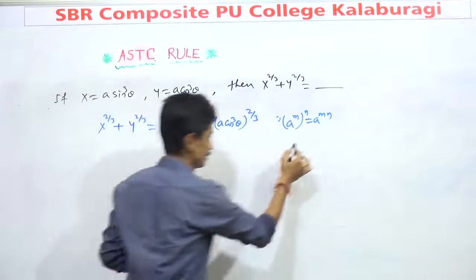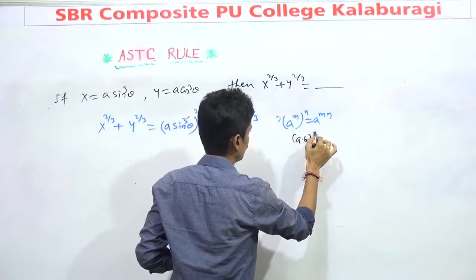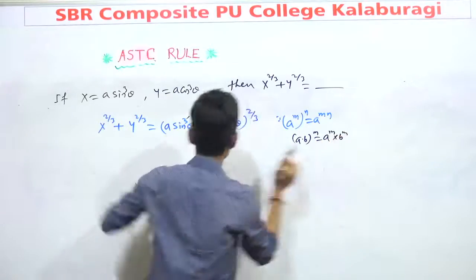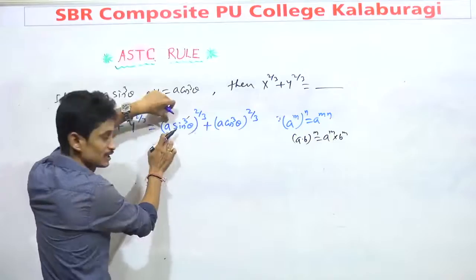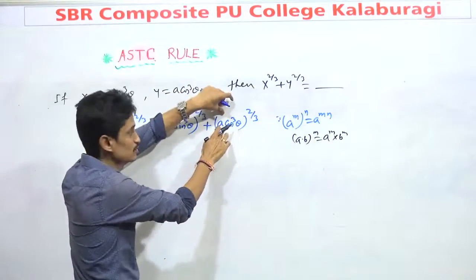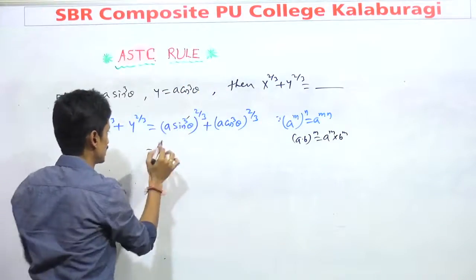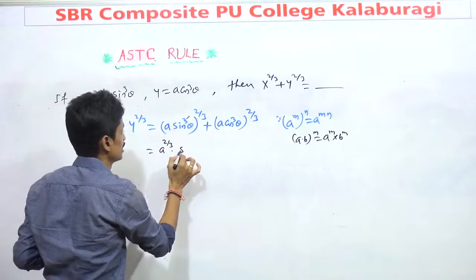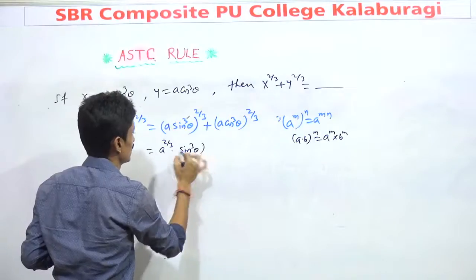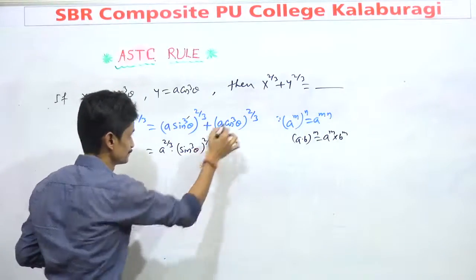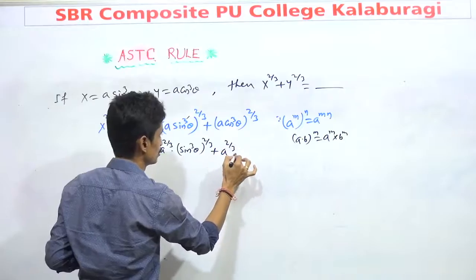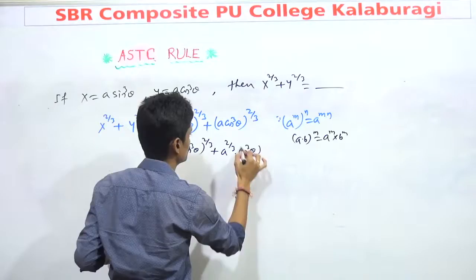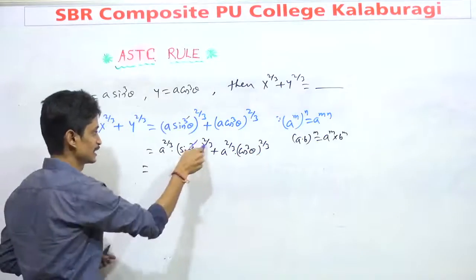Before that, I will apply the law a into b whole power m is nothing but a power m into b power m, because one term is sin and another is a, one term is cos and another is a. So that a power 2 by 3 I will take first, into sin cube theta whole power 2 by 3. Here too, a power 2 by 3 into cos cube theta whole power 2 by 3. 3, 3 get cancelled.